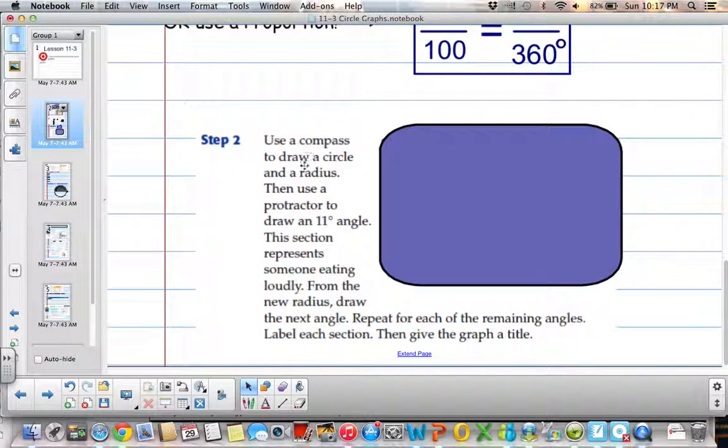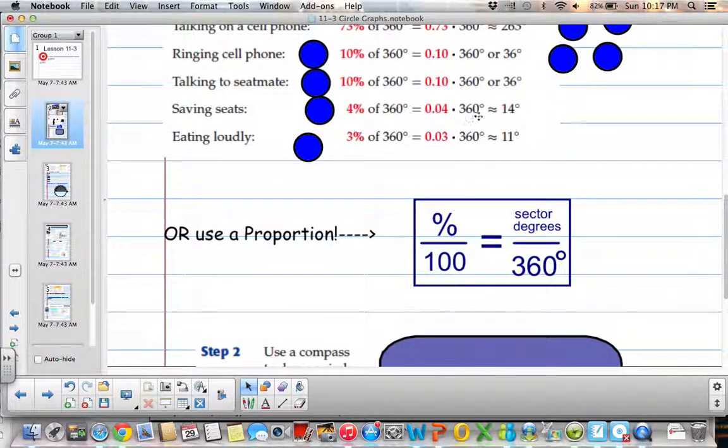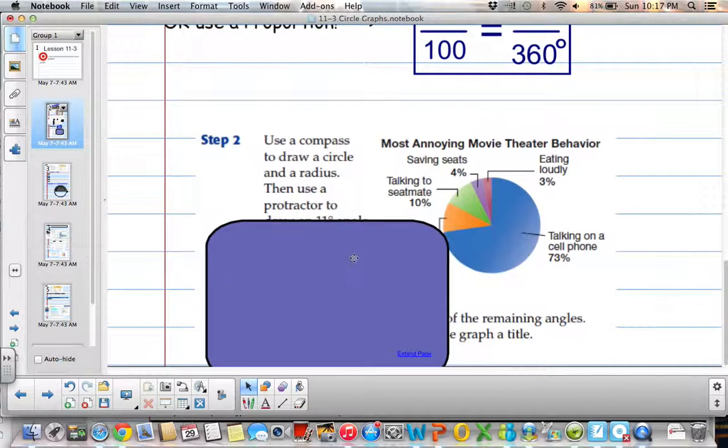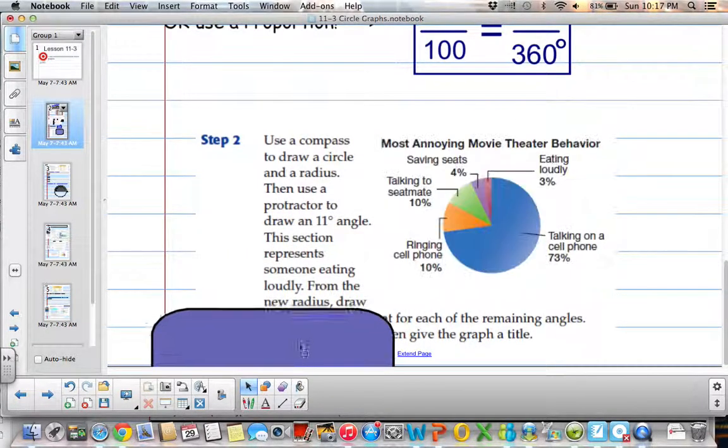So we're going to use a compass to draw a circle and a radius, and then we use a protractor to draw an 11-degree angle. So they're starting with the smallest angle, which would represent someone eating loudly. Then from the new radius, you draw the next angle and you repeat. So here's our circle.